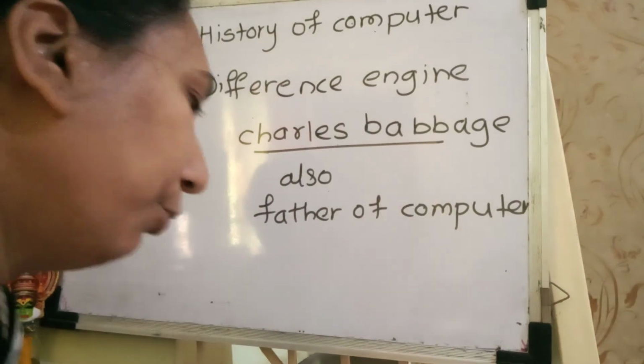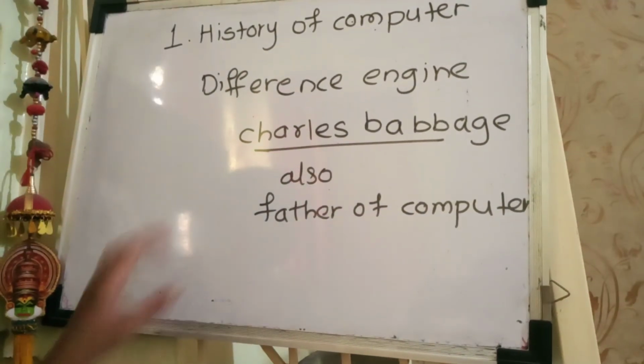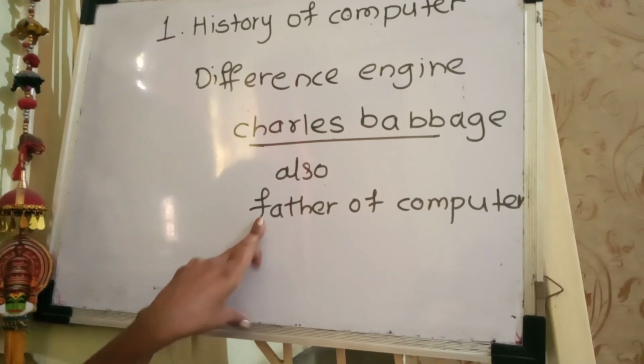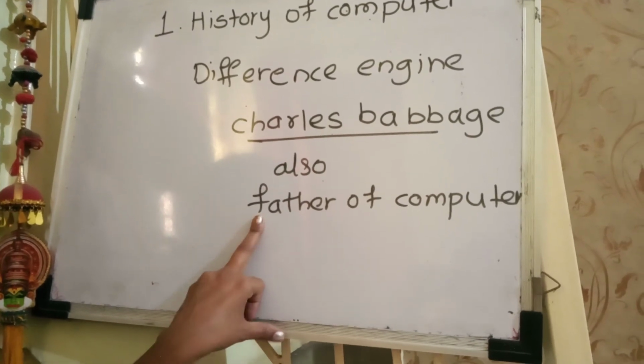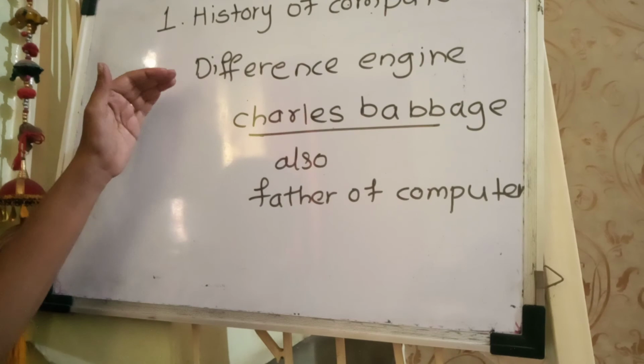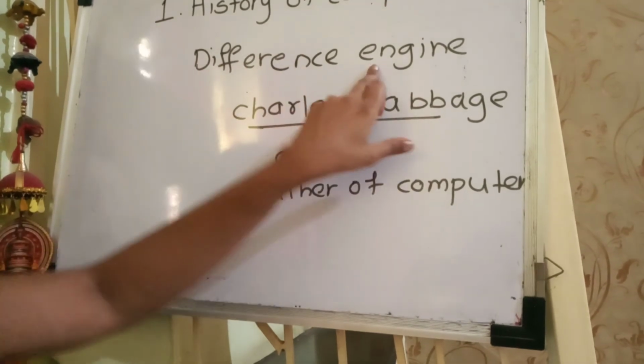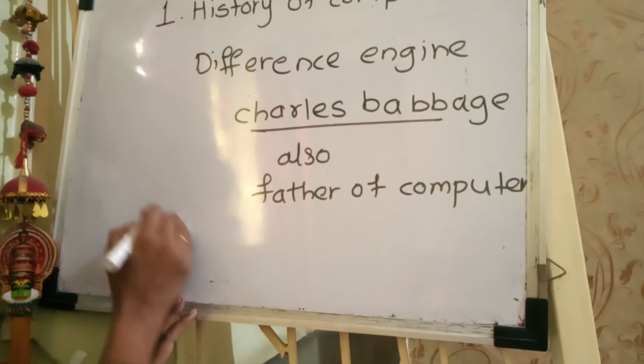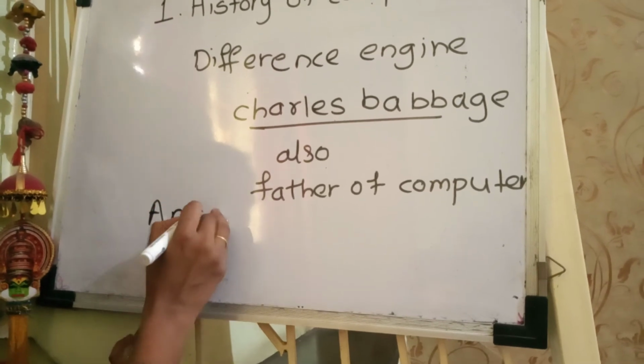It was designed to perform mathematical operations automatically. It was one of the earliest automatic calculators. So after the Pascaline, this difference engine got invented. After the difference engine, the analytical engine was invented.